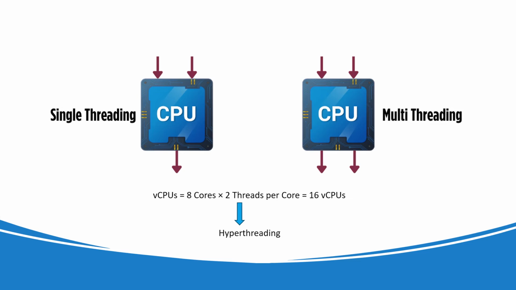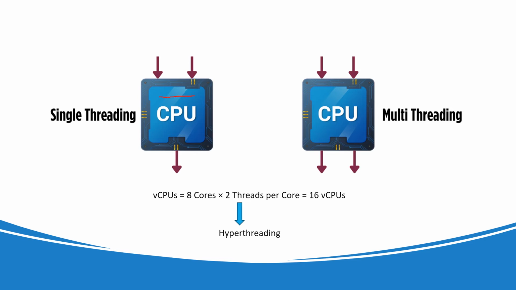Let's try to make it more interesting and try to understand single threading, multi-threading, and hyper-threading concepts. In a single-threaded application, instructions are executed one at a time in a single sequence. In multi-threading, the CPU can switch between threads rapidly, allowing it to execute instructions from different threads in parallel.